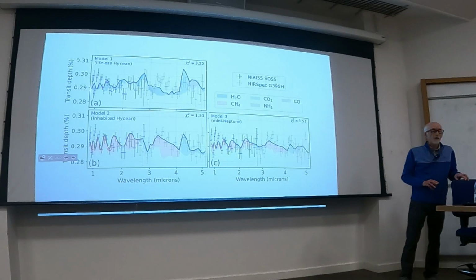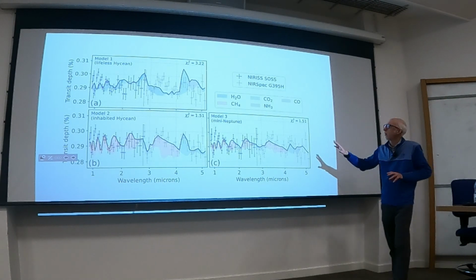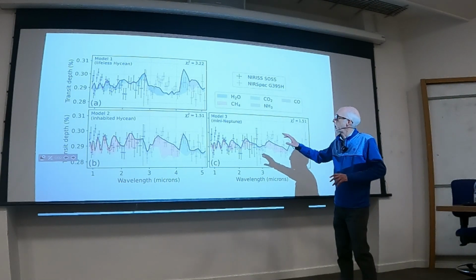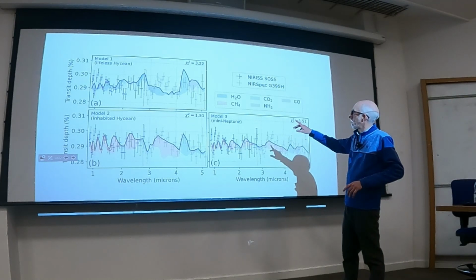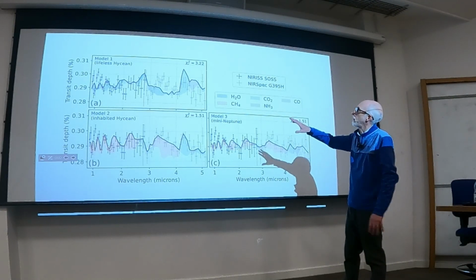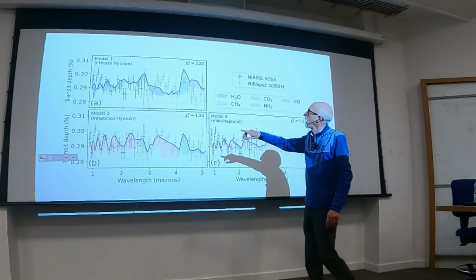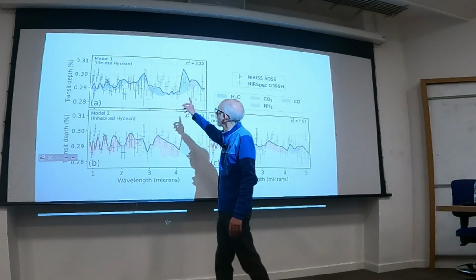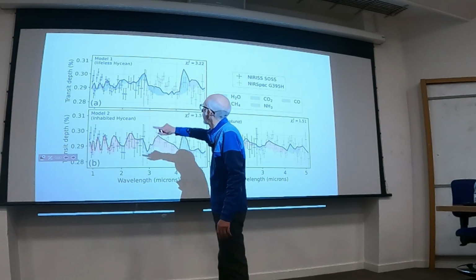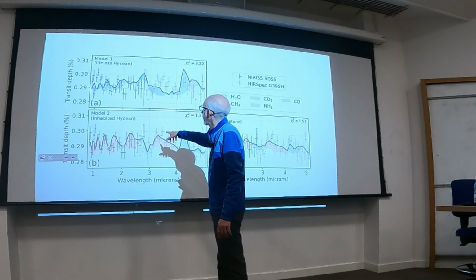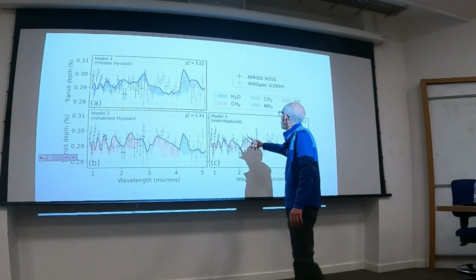Now, if anyone understands these graphs, perhaps you could explain them to me. I'm available afterwards. But basically what they're saying is there's three possibilities for that planet. It could either be a lifeless Hycean, an inhabited Hycean, or a mini Neptune.